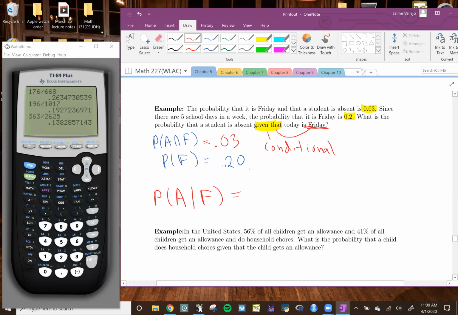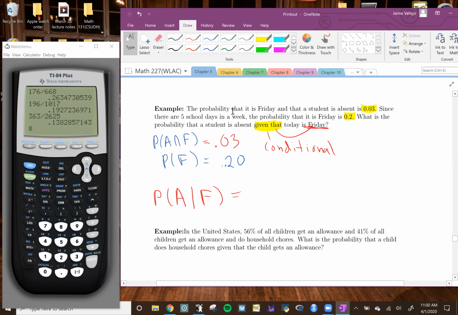How is that different from the 0.03? Well, the 0.03 is telling you the probability they're absent and it's Friday. But for the last one, they're giving me the information that it's already Friday. For the 0.03, they're not giving me the information that today is already Friday.